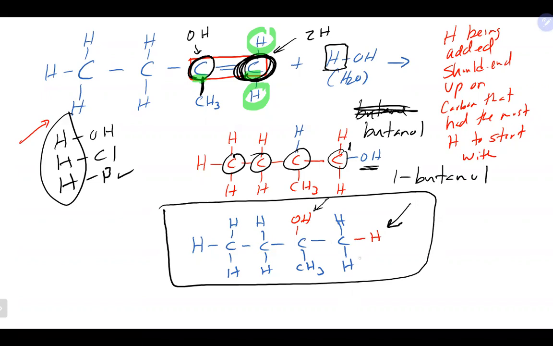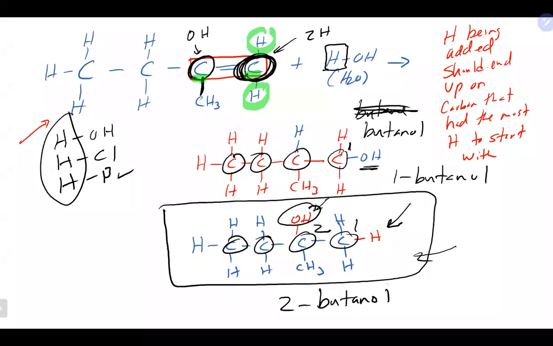That is different from what we drew down here, because this is 1, 2, 3, 4 carbons, known as butanol because it has the OH group, but the OH group here is at carbon number 2. This is known as 2-butanol. These are two different alcohols as a result of where you could add the OH to the H. And the major product should be this guy, where the H gets added to that first one.